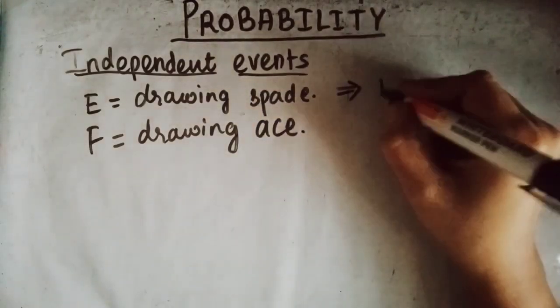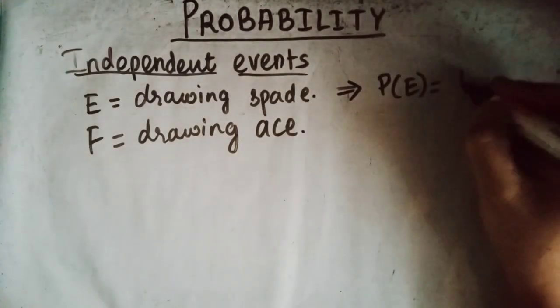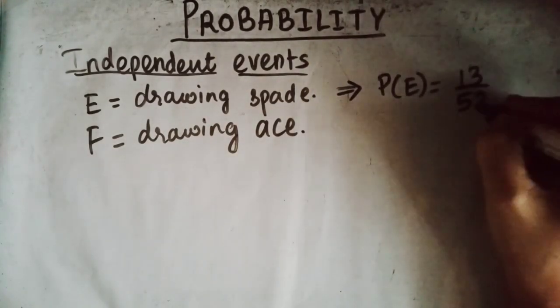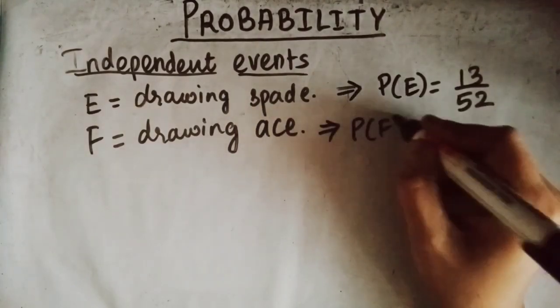So spade, how many are there? The probability of this event: spades are 13, so 13 by 52. And aces are 4, right?